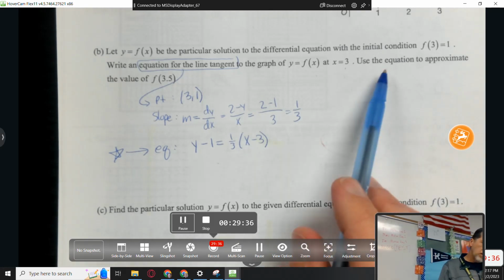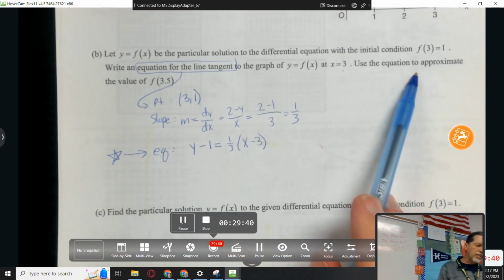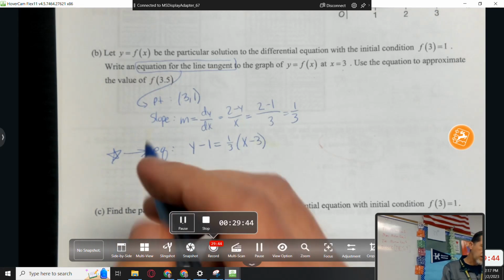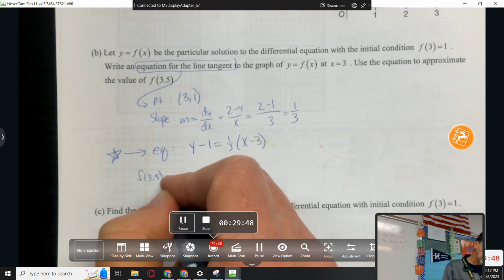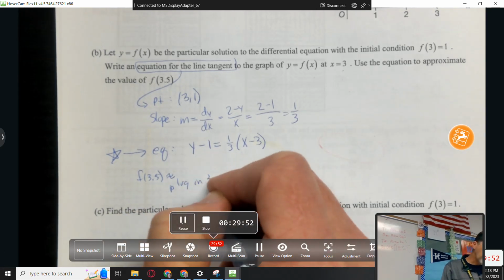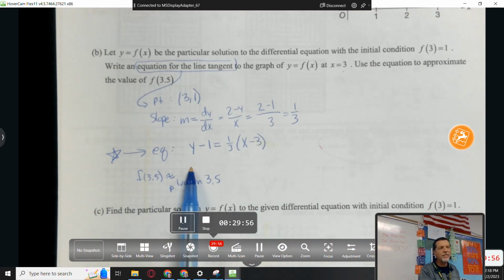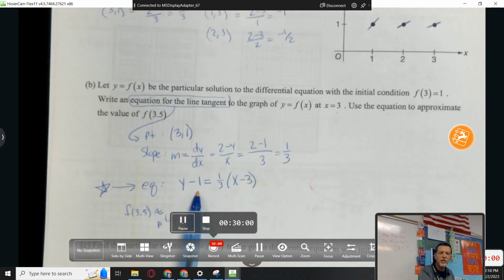Use the equation we just wrote to approximate the value of f of 3.5. So I'm going to plug in 3.5, not into f because I don't have f, but I have a tangent line which should be close to f.